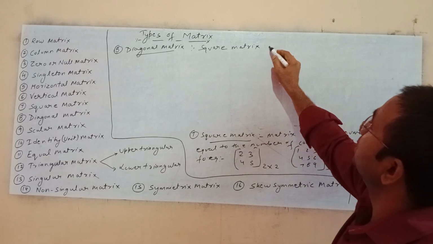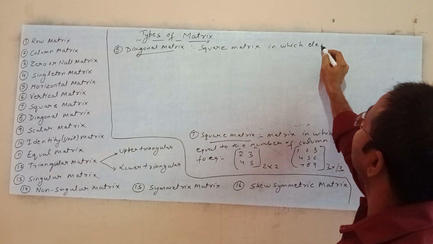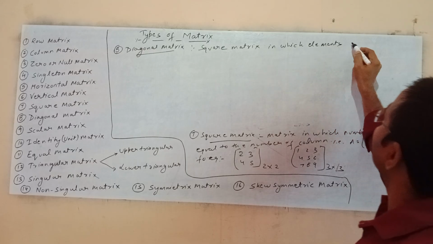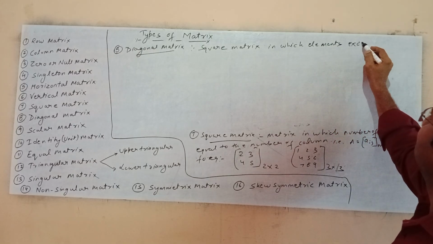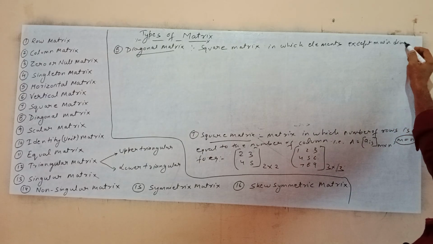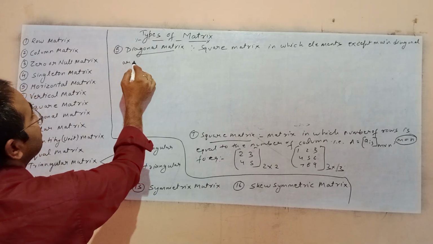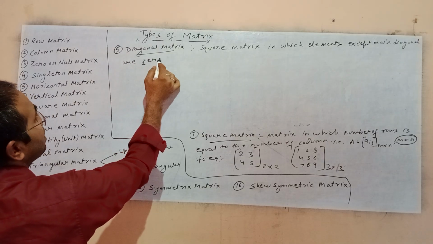A square matrix in which elements except the main diagonal are zero.